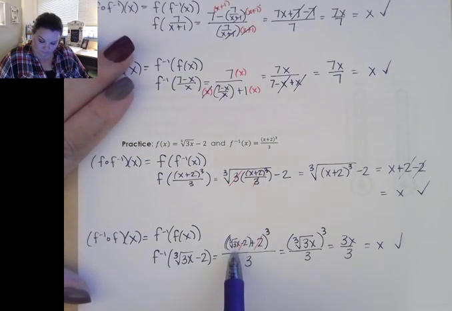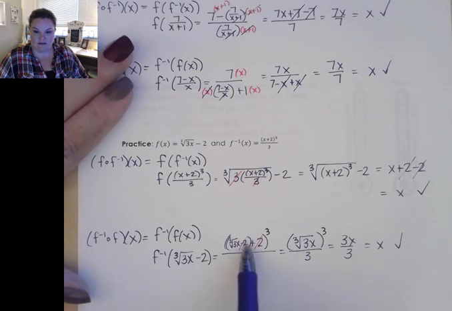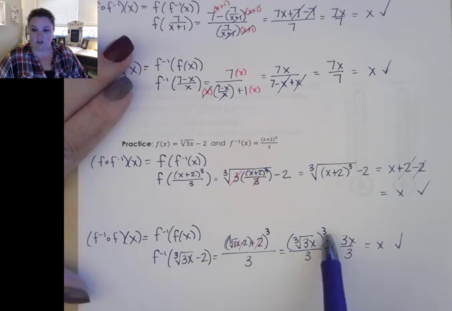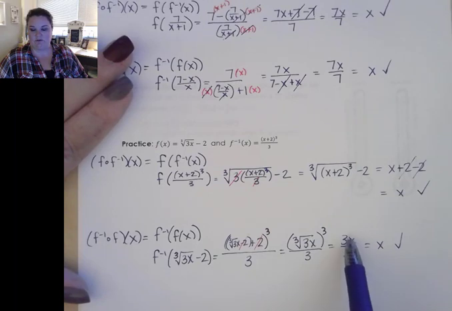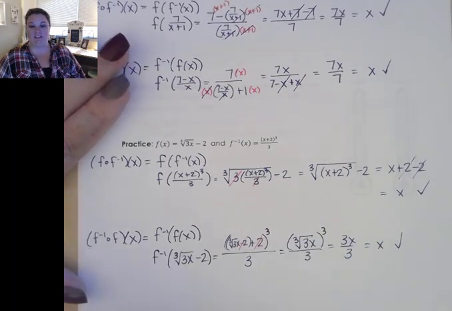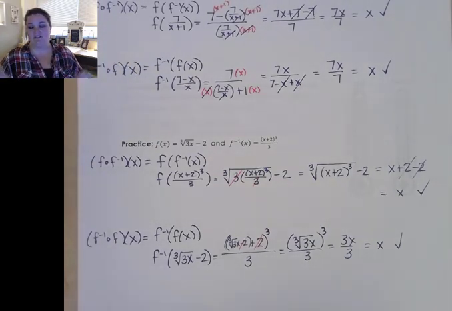So here, I can actually drop my parentheses that I had put around this, and my negative 2 and my positive 2 cancel out. So I'm just left with the cube root of 3x cubed. Cube and cube root cancel, which leaves me with 3x over 3, which then again is just x. So you just have to verify it both directions to show that two functions are inverses.